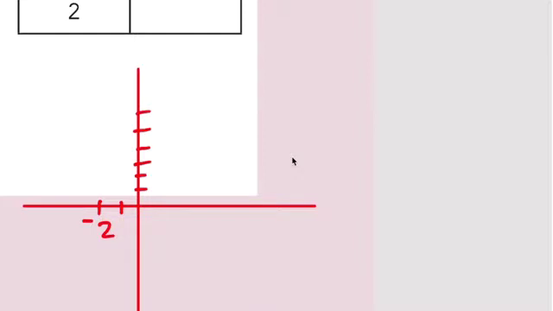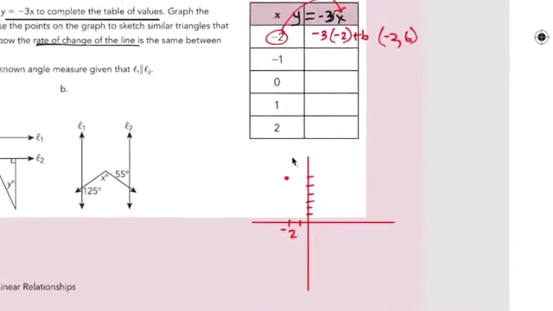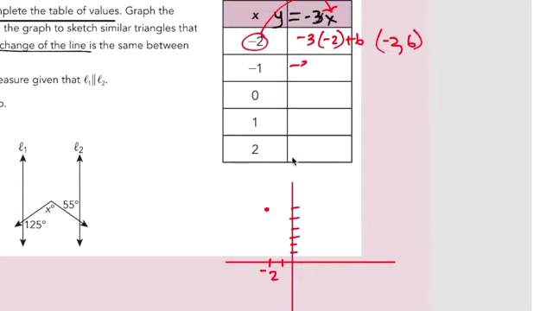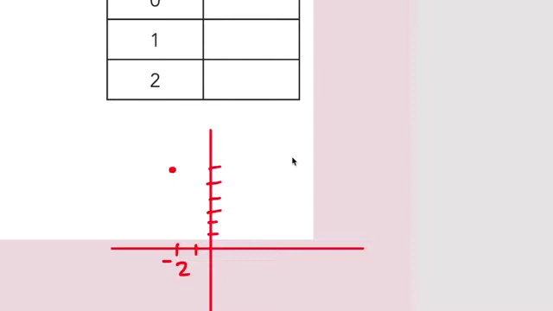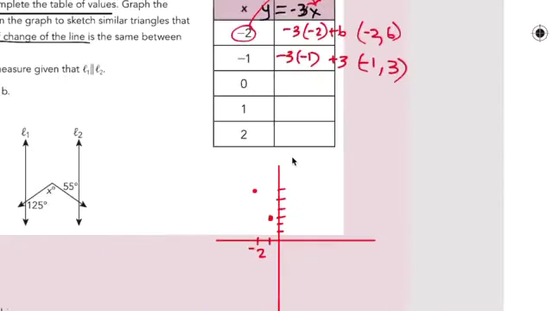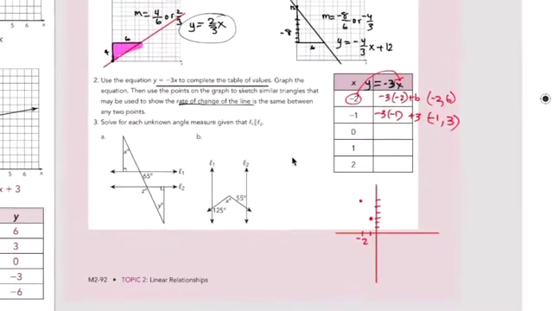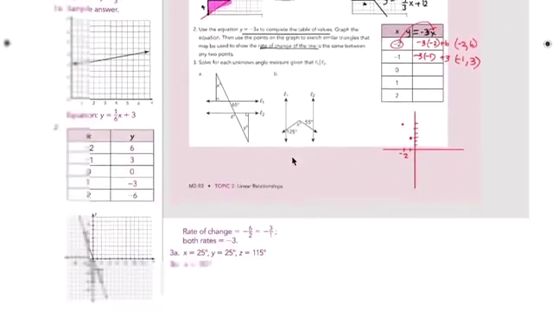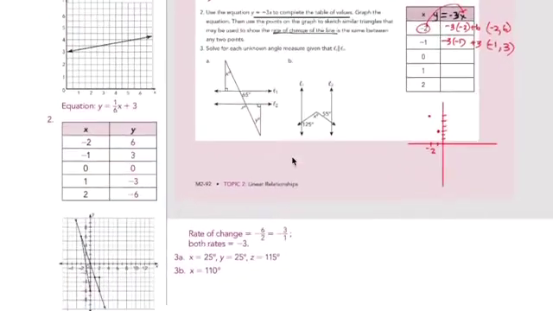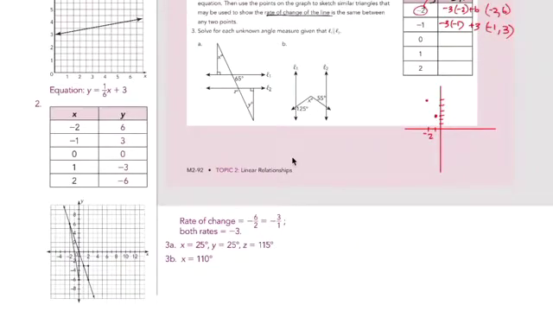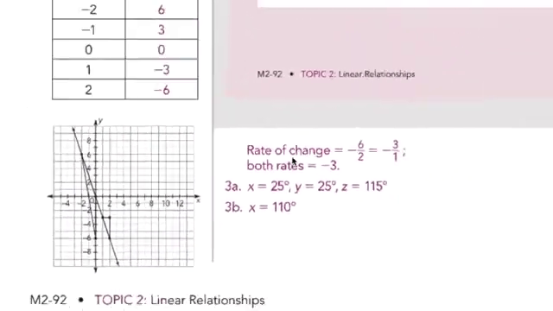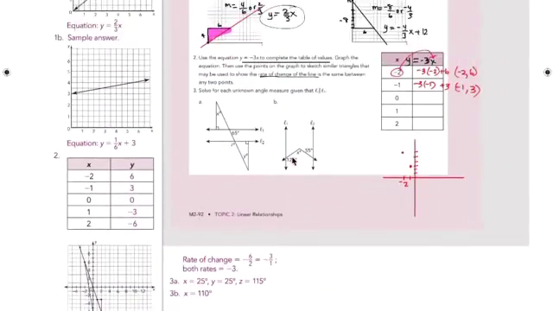So positive 6 right there. And then the other one is negative 3 times negative 1. So the answer is a positive 3. So negative 1, 3 is right there. So you finish the rest, graph the line. You don't have to do the triangles.